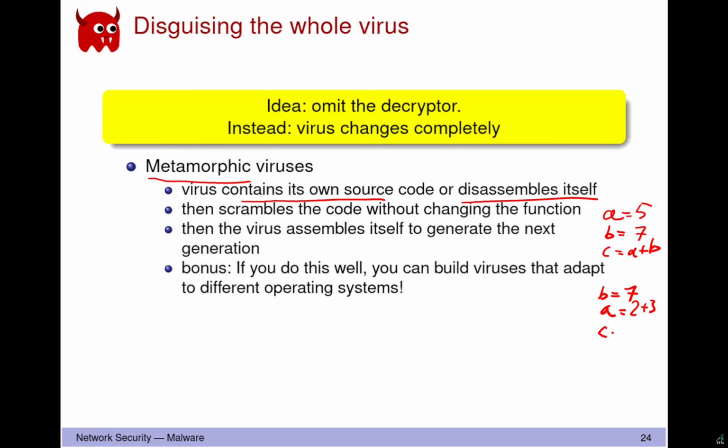And C equals B, and C plus equals A, something like this. So it's mixing it up, the order of the executions is mixed up, and the parts of the executions are new. Then it reassembles itself to generate the next generation. And you can also adapt to different operating systems, to new environments, to new processors as well, if you bring your own compiler with you.